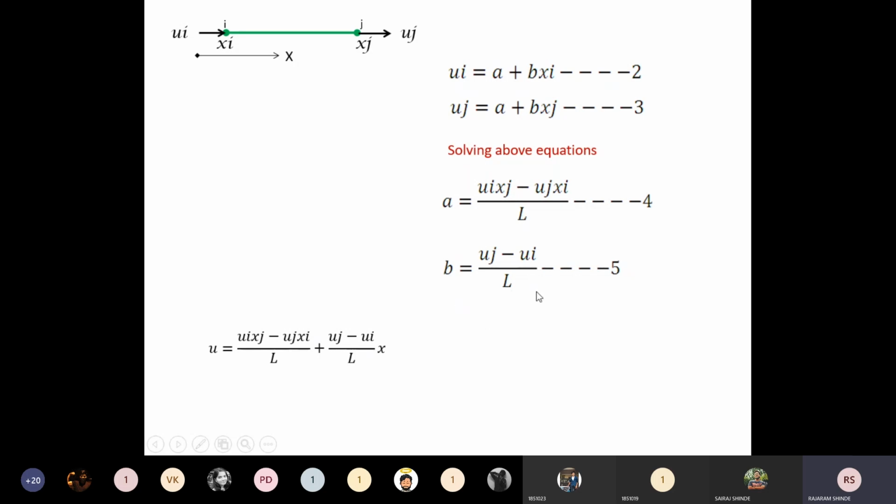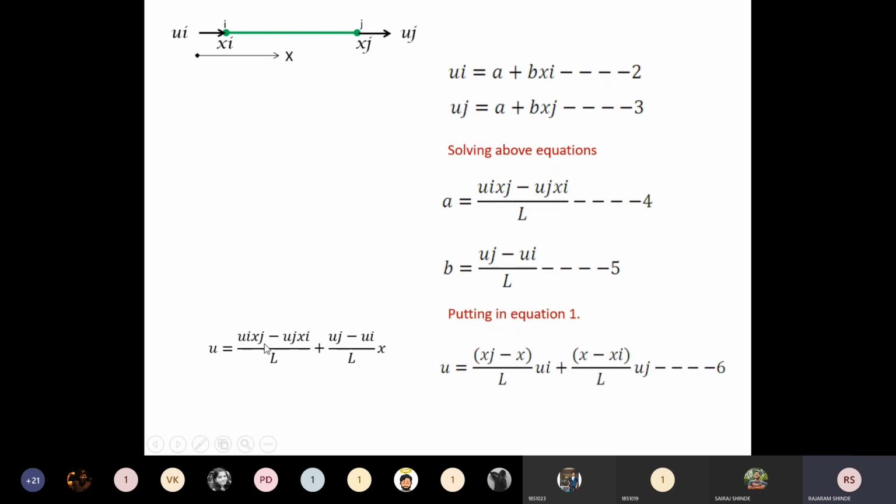After that, we are putting these values of a and b in the equation of interpolation polynomial, that is u is equal to a plus bx. Now here you will get u is equal to a plus b x. Next, this equation we have written in this form by simple manipulation.